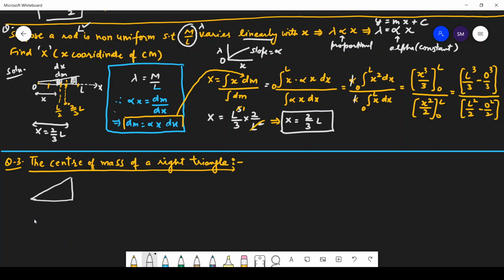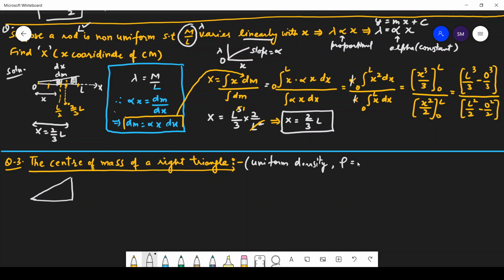We'll do this problem as we have done the earlier problems. So now what about the density? Here it has uniform density, and that density is rho.